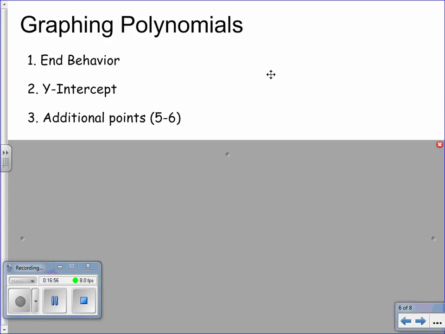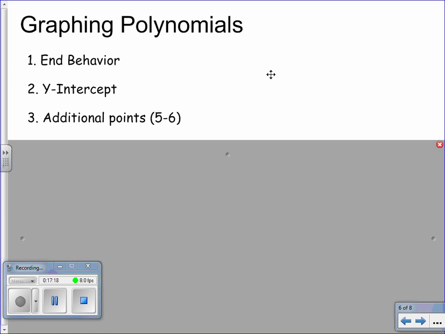So you can see end behavior and you can see y-intercept. And it's also really nice for these graphing problems because after you graph, you could plug this into Desmos and see that your graph is fairly close to what Desmos gives you.